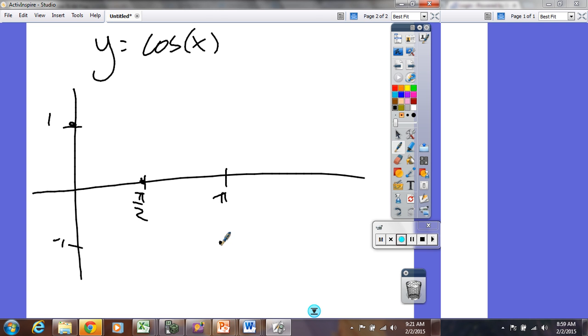It's the same thing except, well, we already gave you that idea earlier. 3 pi halves is 0, and 2 pi is 1. Now, don't make it a V, it is the circle.